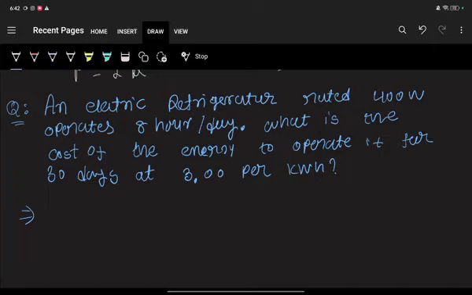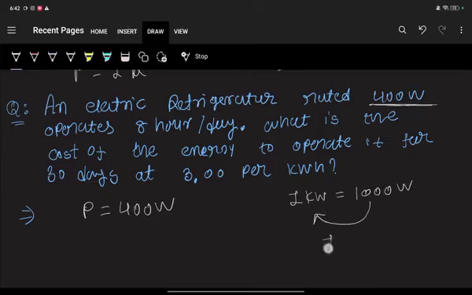Can you do this? Here power is given in watt. Okay, power is 400 watt here. And remember what is 1 kilowatt? 1 kilowatt is nothing but 1000 watt. So 1 by 1000 kilowatt is equal to 1 watt.